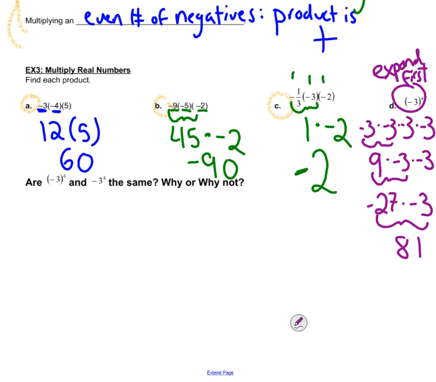So the next question asks, are parentheses negative 3 to the fourth power and negative 3 to the fourth power the same? Why or why not? Well, we just showed parentheses negative 3 to the fourth power is positive 81. So let's write that down.